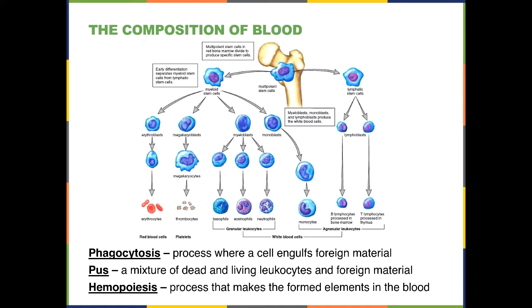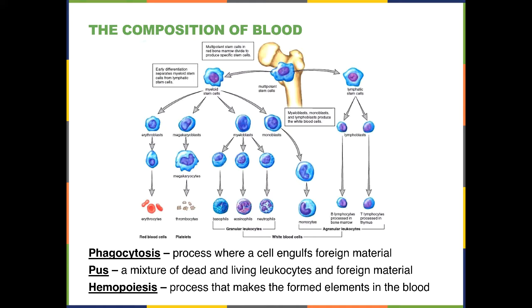Multipotent stem cells mean that these cells can become red blood cells, platelets, white blood cells of various types. This differentiates or becomes more mature, and at that point it becomes either a myeloid stem cell or a lymphoid stem cell. If it becomes a lymphoid stem cell, it can only become a lymphocyte. If it's a myeloid stem cell, it can still become either a red blood cell, a platelet, or a white blood cell.